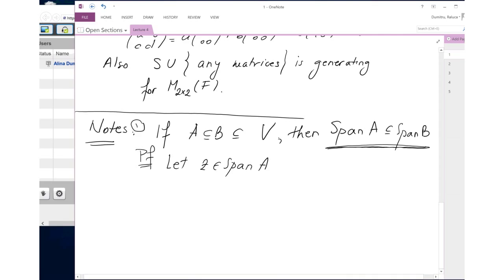So Z, an element of the first set, span A. I want to show that Z is in the span of B. Okay, so what does Z look like?